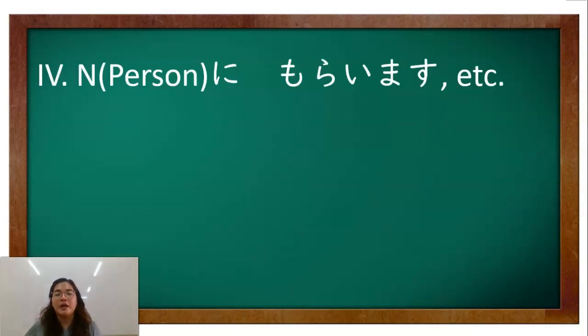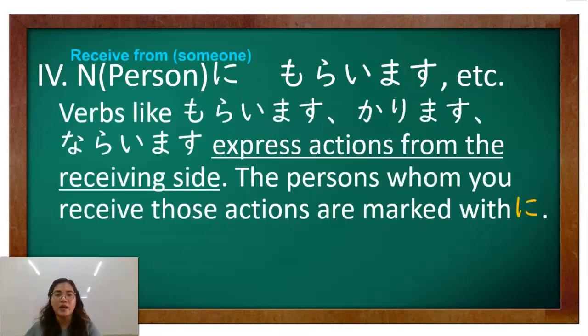Next, another sentence pattern is non-person ni moraimasu. Moraimasu is to receive. May nagbigay kanina, binigay mo yung action. Ngayon naman, natanggap mo. So, with verbs like moraimasu, karimasu, and naraimasu, we express action from the receiving side.